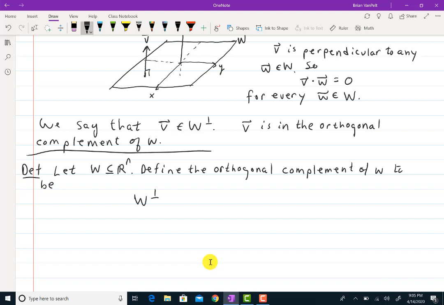We usually, from what I remember, call such a set W perp. What this is going to equal is the set of all vectors v in Rn such that w dot v equals 0 for every vector w in W.